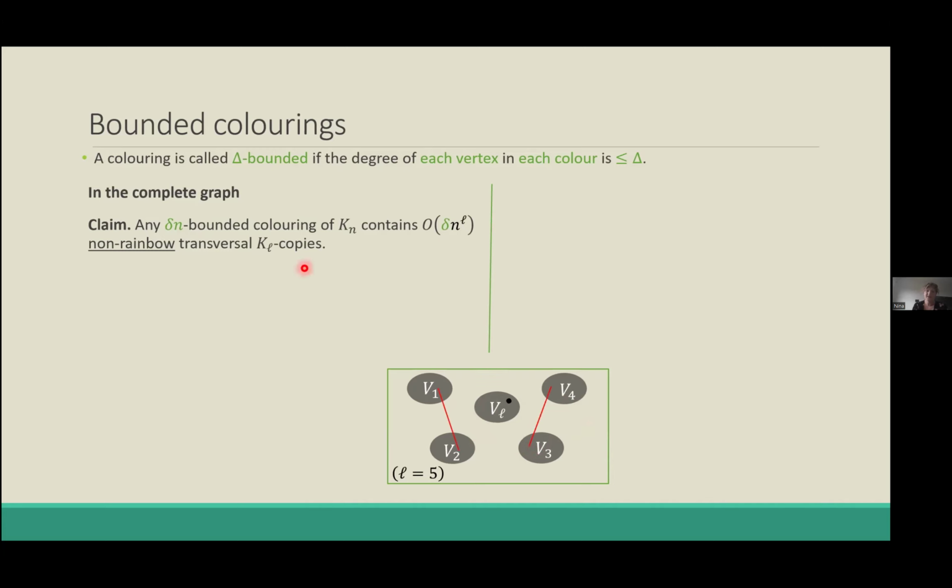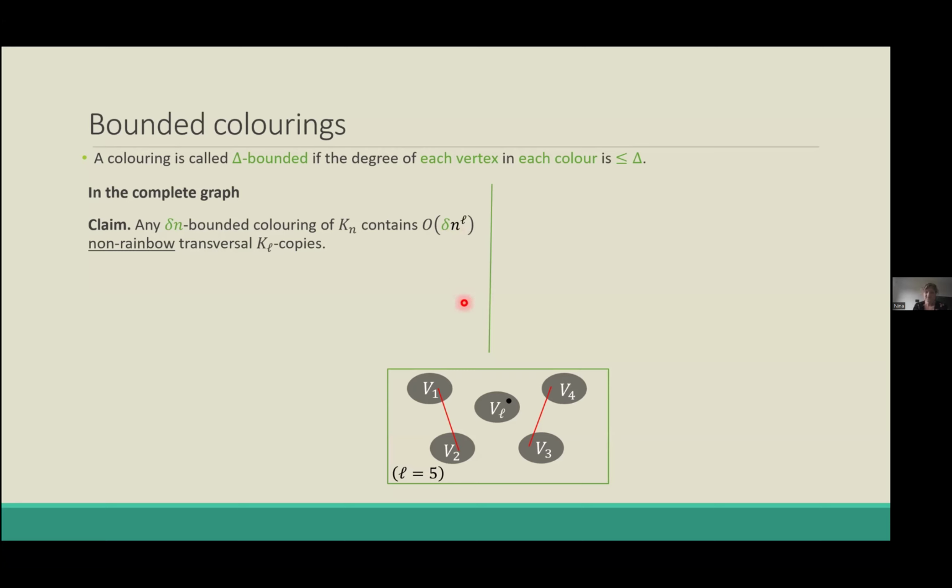Okay, and we're claiming that if your coloring is delta n bounded, then the proportion of bad or non-rainbow copies is at most delta. And again, throughout the talk, I'll be talking about the proportion of KL copies because we don't really care about this normalization into the L. Okay, so how do we see that this is at most delta n?